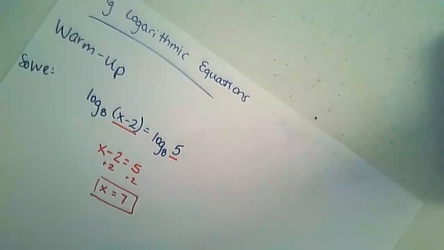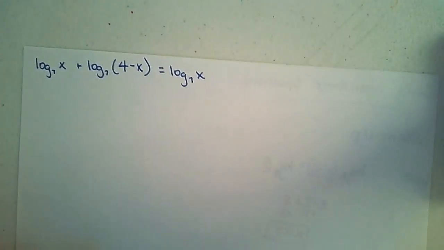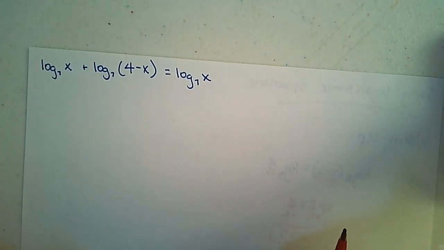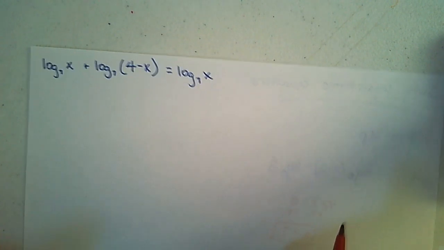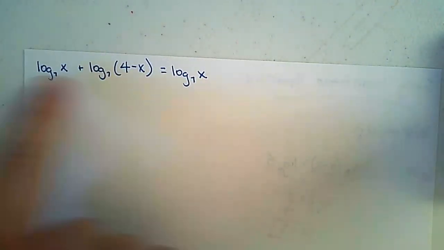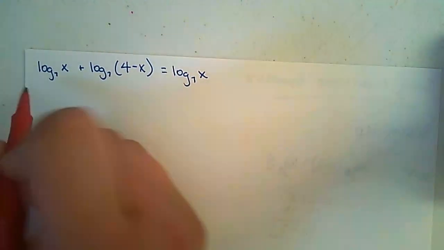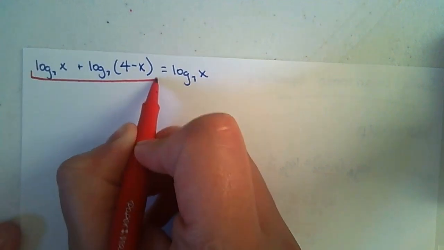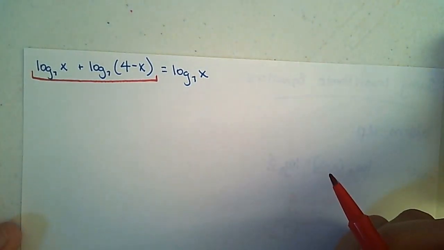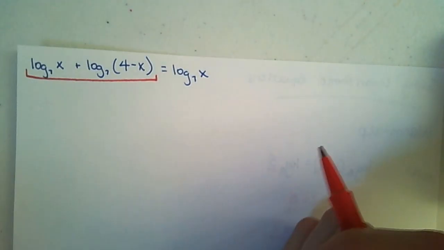All right, so let's go ahead and do another one. Again, I want to point out to you that every single piece of this has a log attached to it. So again, first thing I need to do is condense this into one expression so that I can have a log equal a log.